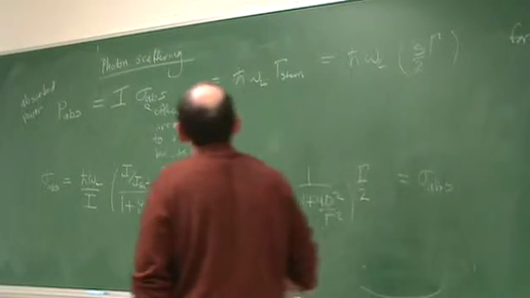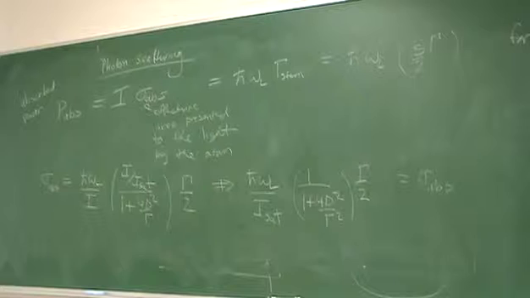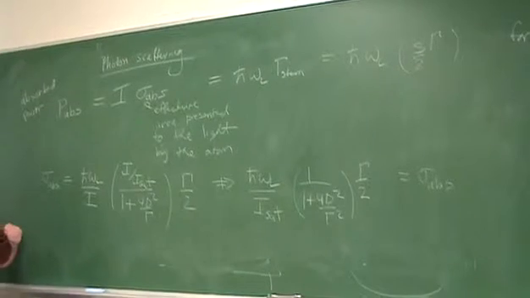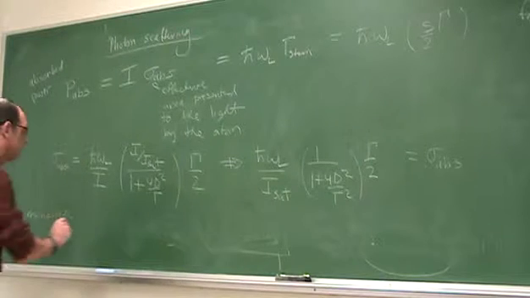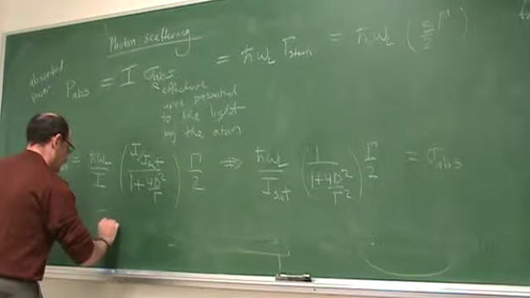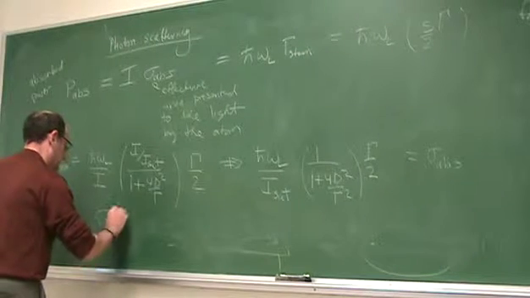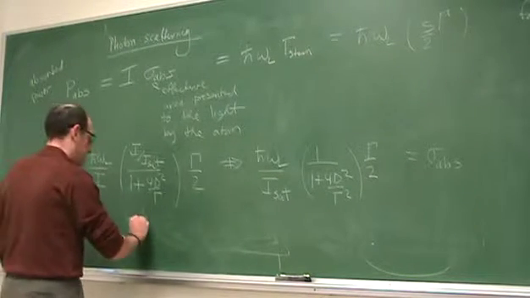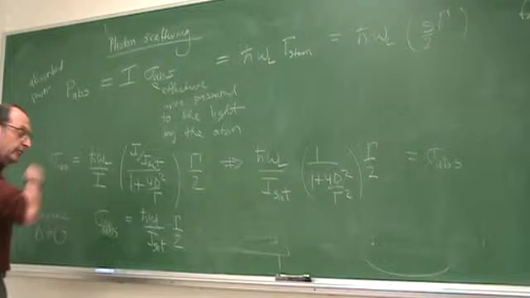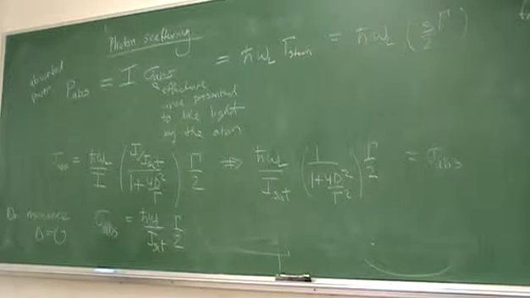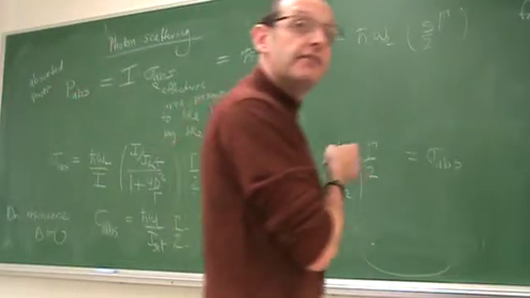First of all, let's look at what this absorption cross-section is on resonance. On resonance, delta equals 0. The absorption cross-section is equal to that. And then we can plug in the expression we had. We calculated the saturation intensity in terms of the line width and all of that stuff.